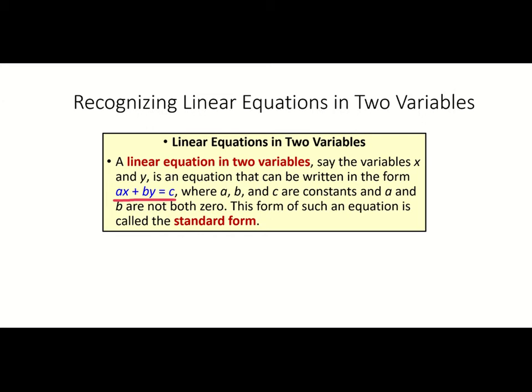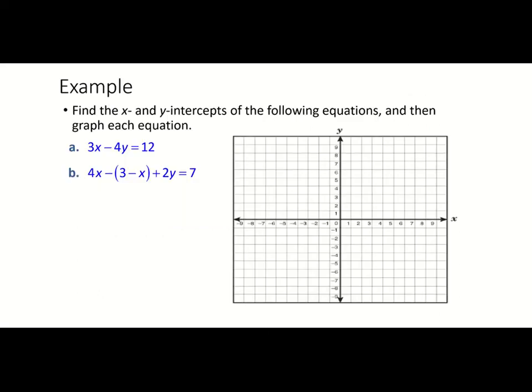A, B, and C represent the numbers. They're constants. But A and B both can't be 0 because if they are, then you don't have an X or a Y. All right, so we're going to graph the two equations using our X and our Y intercepts. So just as a reminder, your intercepts are where the line will touch either the X or the Y axis.